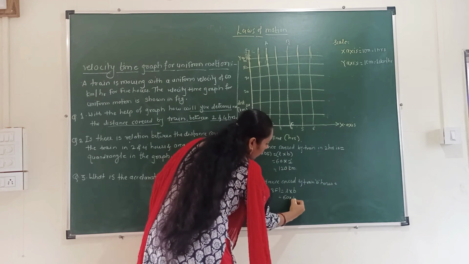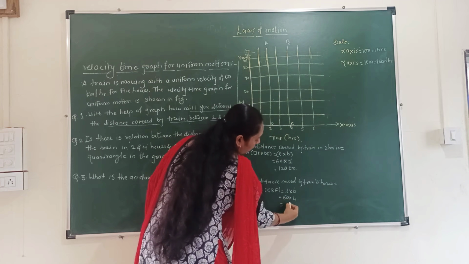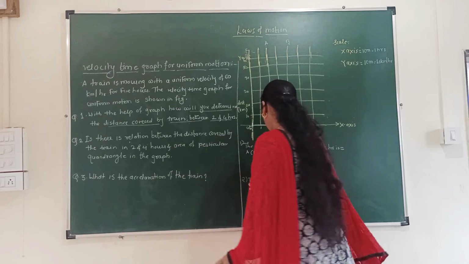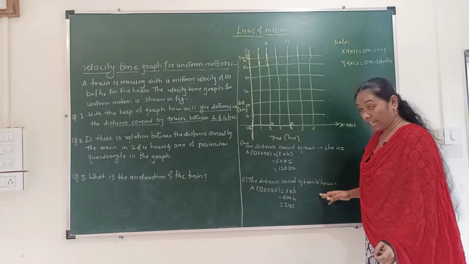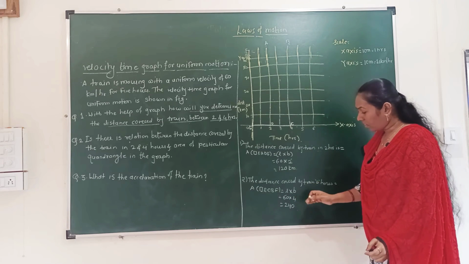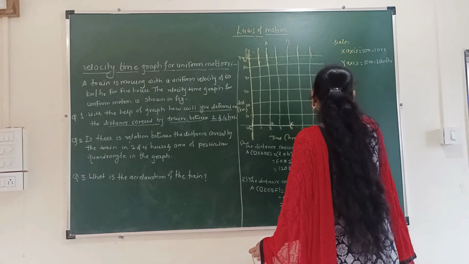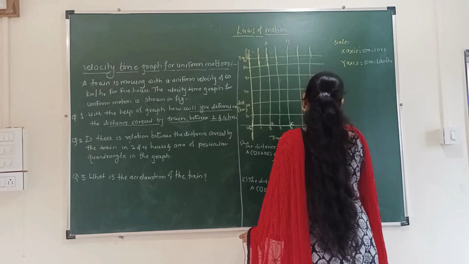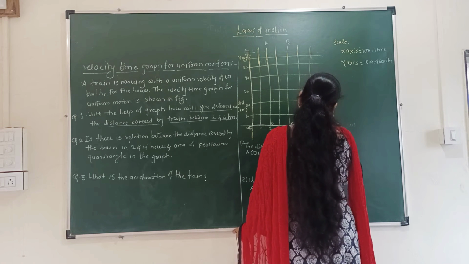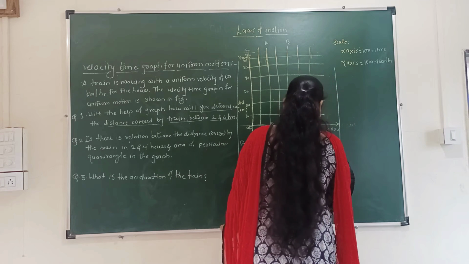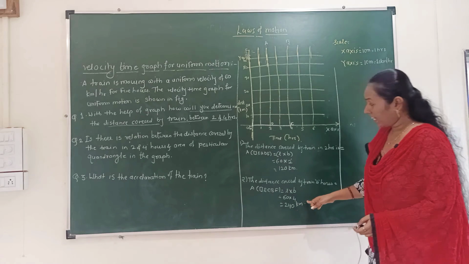Therefore 60 into 4. 6 fours are 24 and a 0. Therefore the distance covered by the train is 240 kilometers. What is the unit for distance? The unit for distance is kilometer. Therefore the answer we get here is 240 kilometers.